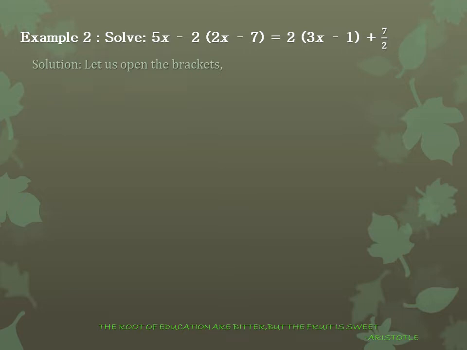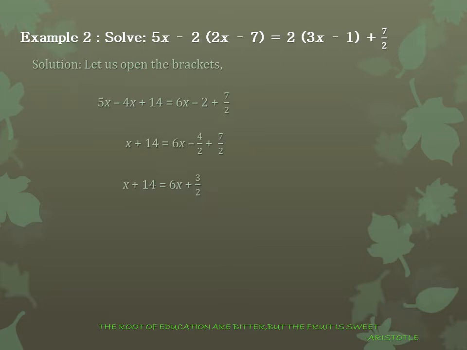Thus, the equation becomes 5x - 4x, minus into minus becomes plus, plus 14, is equal to 2 into 3x, 6x, minus 2 into 1, 2, plus 7/2. And a little more we can reduce into simpler form and we will get the equation as x + 14 = 6x + 3/2.